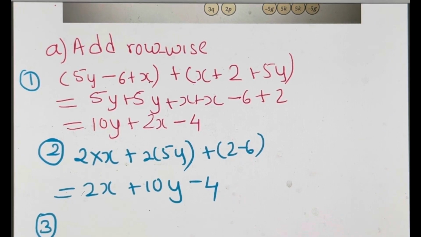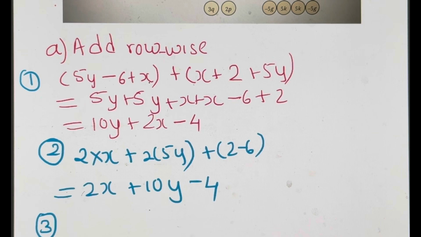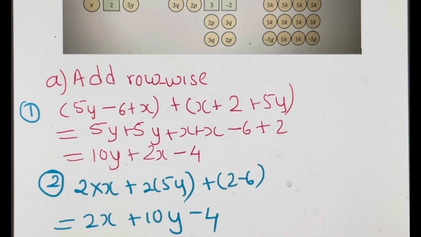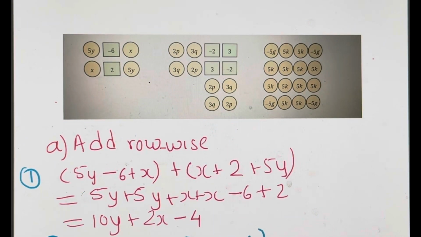Let me change the color. Let us see the question again. Column wise. If you can see, the first column is 5y plus x. See the picture. 5y plus x, minus 6 plus 2, and x plus 5y.